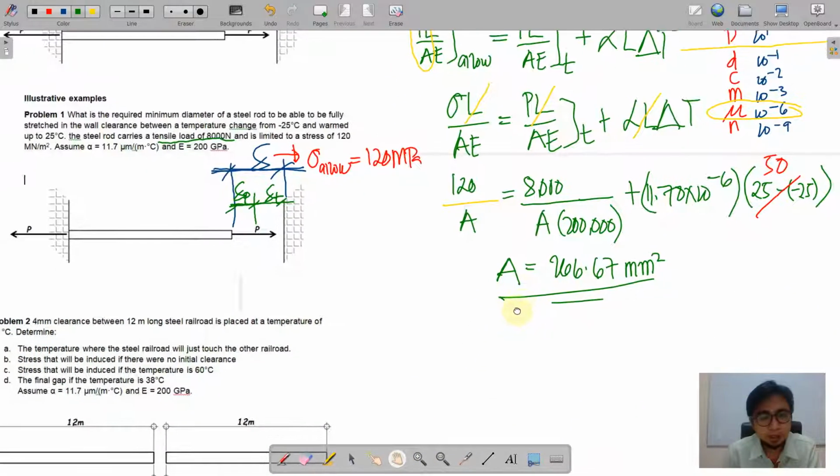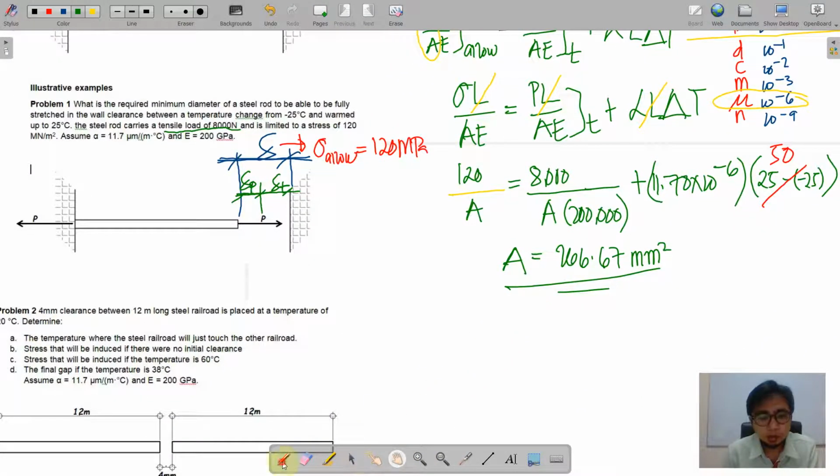And then finally, in order to solve for the corresponding diameter, of course we'll just equate this to the cross-sectional area, which is a circular one. Okay, the area is 266.67.